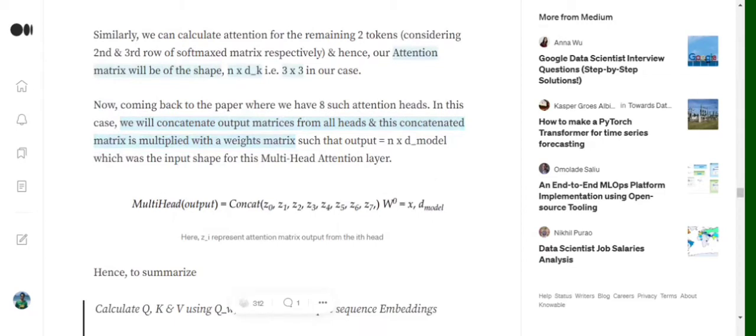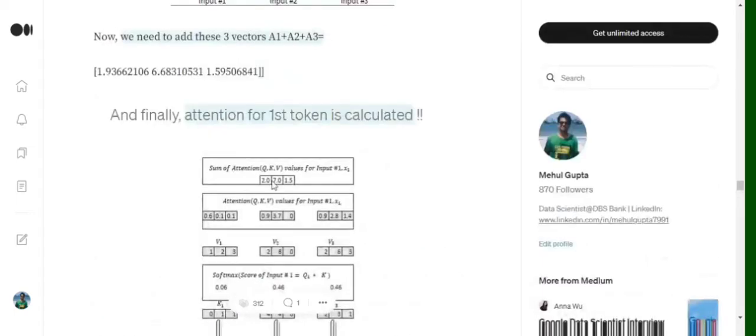Now, in case of multi-head, if we had multiple heads, what we would do is concatenate these outputs. For the token Raj, we get this vector as an attention vector after applying the attention layer. If we had multiple attention heads, as of now in the example we've used one, we would concatenate all the results together to go back to our former dimension.